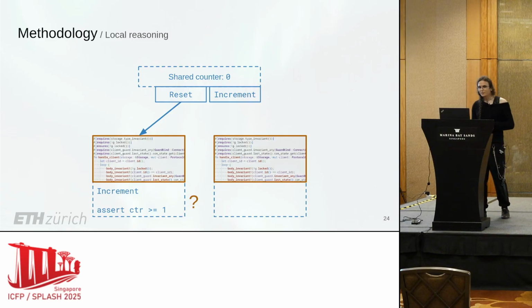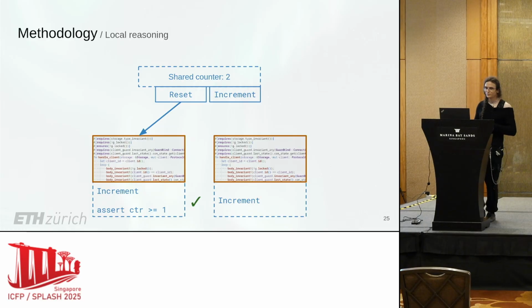So what we can do is say that certain actions of the system are only possible to perform by certain nodes in the system. So we give them roles or guards. So if, in this case, the reset action was only performable by the left node, then after incrementing the counter, it can actually assert that the counter is greater or equal to 1, because the other node cannot reset it.